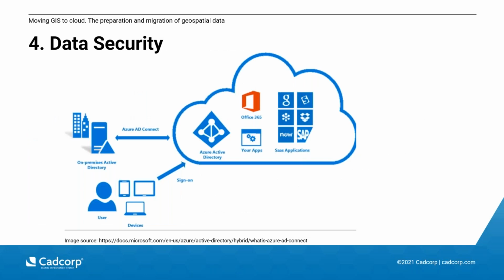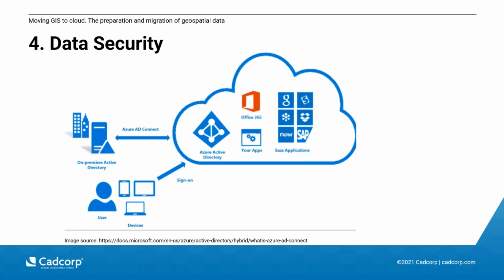Moving on to data security, for the majority of customers, this means utilising Azure AD. Active Directory controls your access to files and software in a way that you don't have to log into each system. Azure AD does this in the cloud. It provides an authentication mechanism.